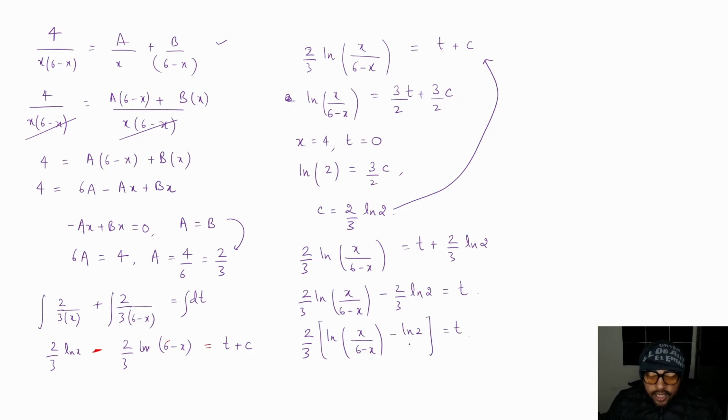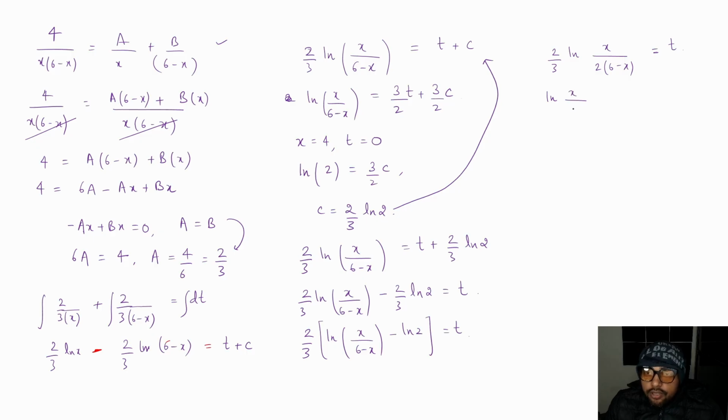Now again we'll apply the quotient law here, the logarithmic properties. So we'll get 2 by 3 log of x by 2 times 6 negative of x equals t. We'll multiply 2 by 3 to the right hand side, so it will become 3t by 2.